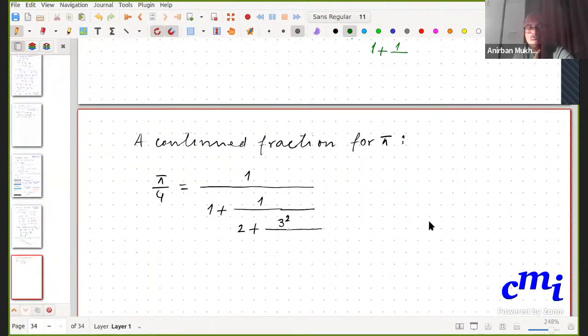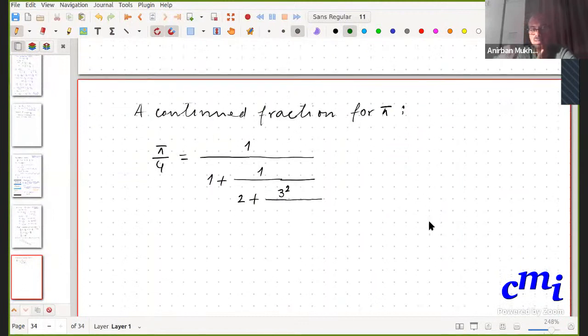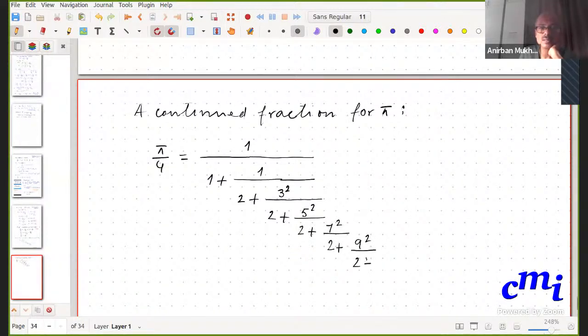But if we allow a different type of continued fraction, then we would get this very interesting formula. Pi is 3 square by 2 plus 5 square by 2 plus 7 square by 2 plus 9 square by 2 plus, and it goes on like this.